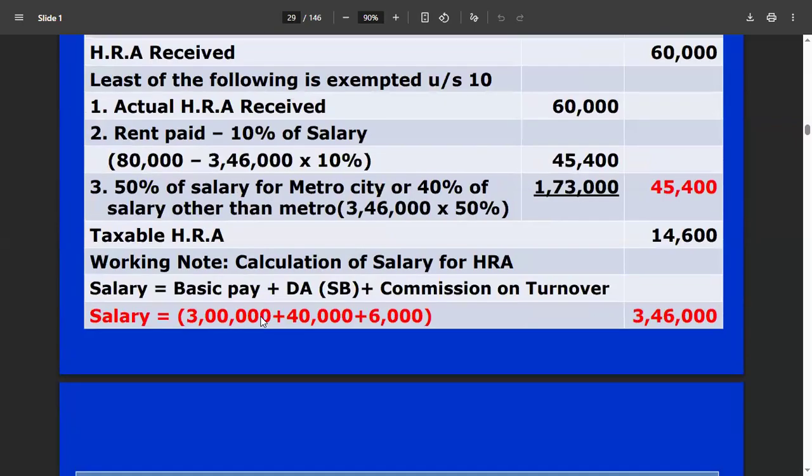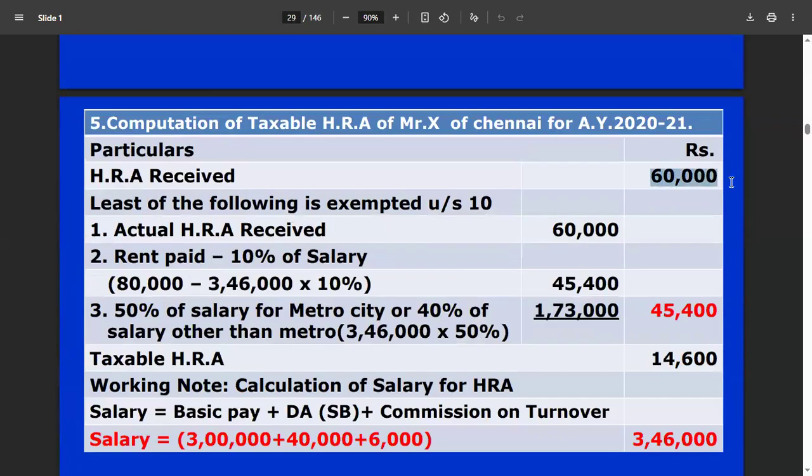So let's find out the calculation part. He received HRA 60,000, and let's talk about exemption under section 10. We have to consider actual HRA received 60,000, and rent paid minus 10% of salary. Salary here is basic plus DA plus commission, so 3 lakh 46,000 is my salary. 10% of this will be 34,600. When I deduct 34,600 from 80,000, I will get 45,400.